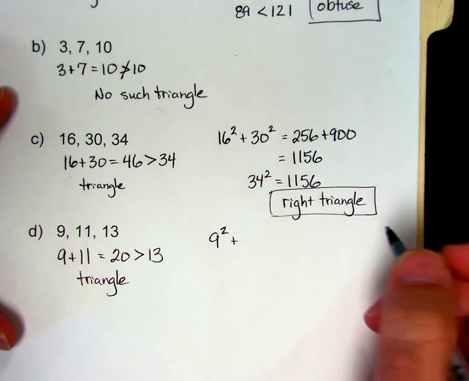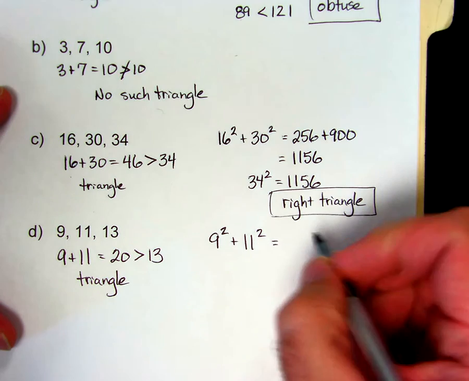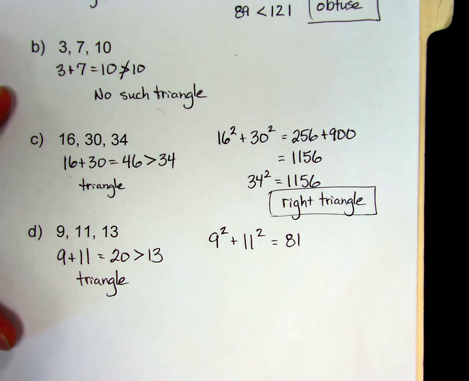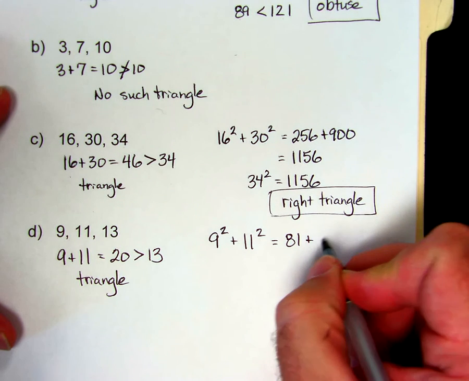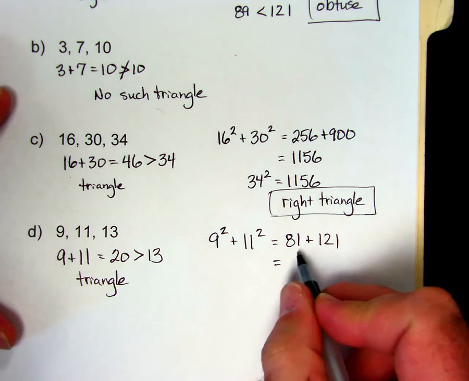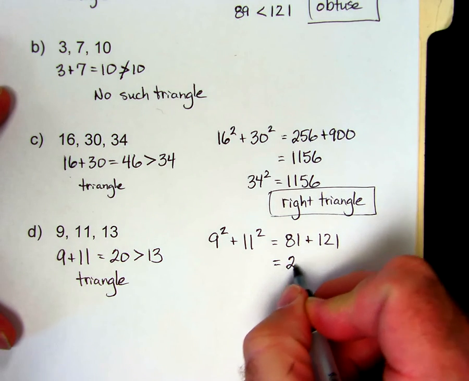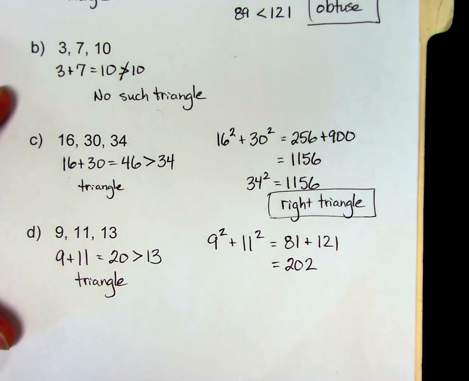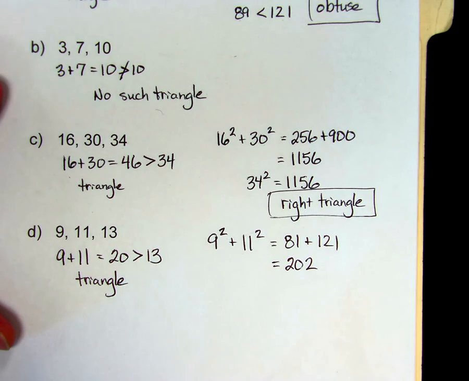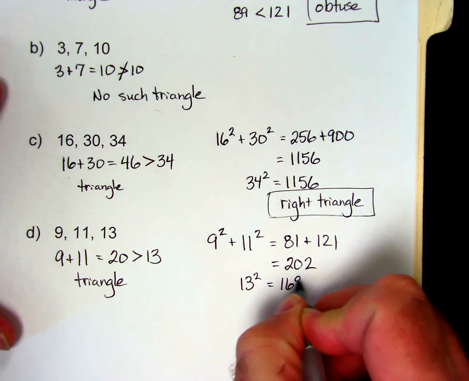So if I take 9 squared plus 11 squared, the sum of the squares of the two shorter sides. 9 squared is 81. 11 squared is 121. So when we add those two together, we get 202. If I take 13 squared, I get 169.